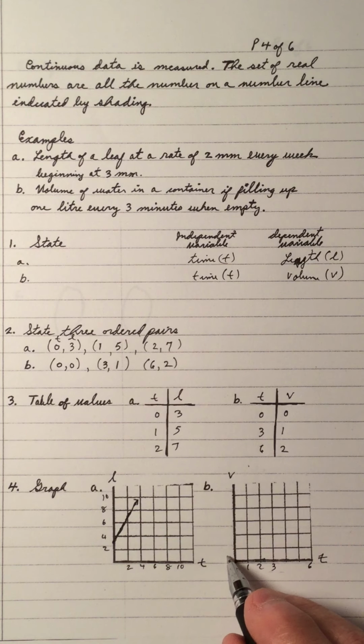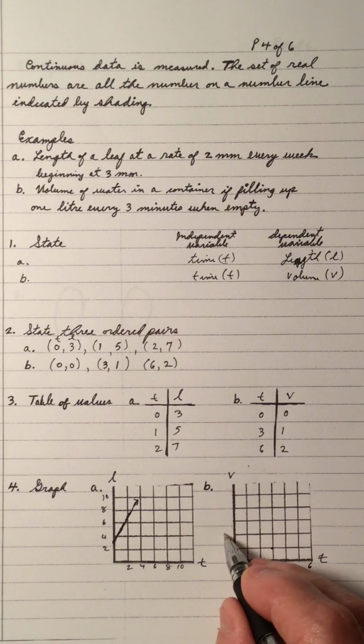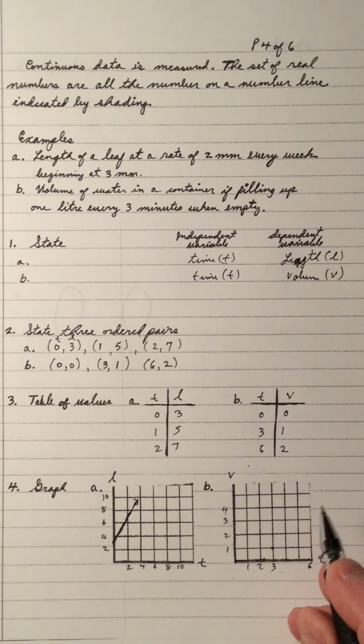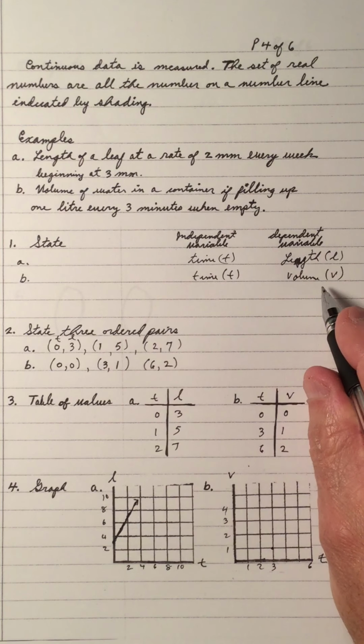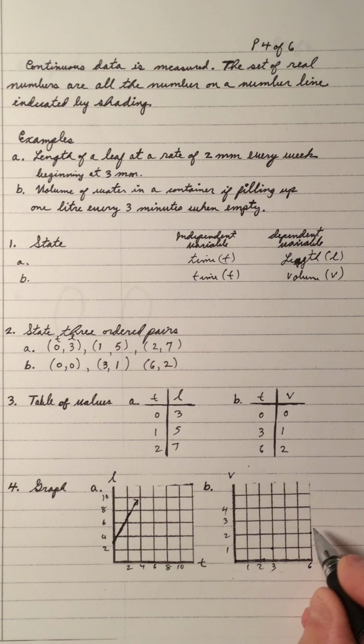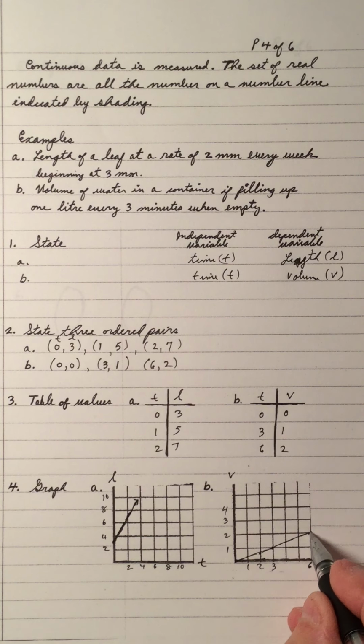This is in terms of minutes, so 3 minutes will give you 1 liter in terms of your volume or capacity, and 6 minutes you have a 2. But as time goes by, 1 minute would be there, 2 minutes would be there. It would be 1/3 and 2/3. So the line is drawn through these points, and there's the line.